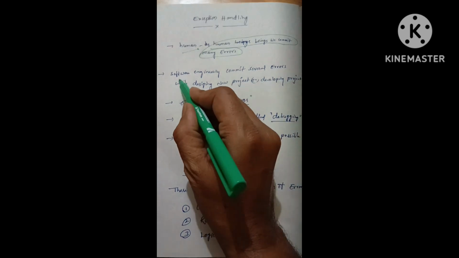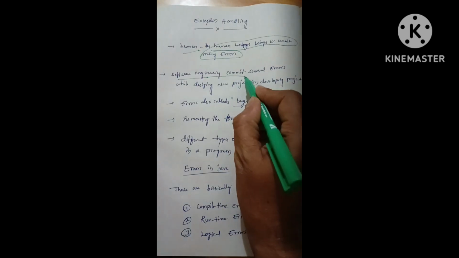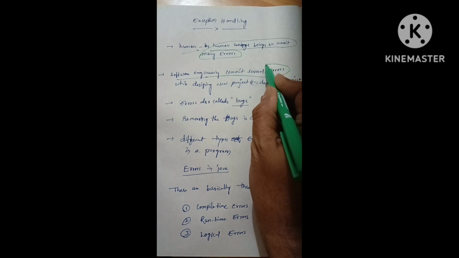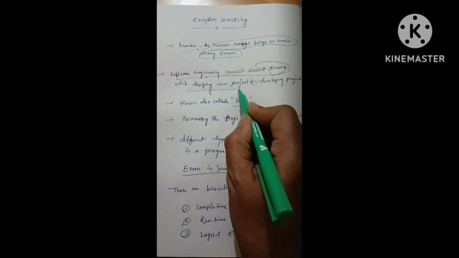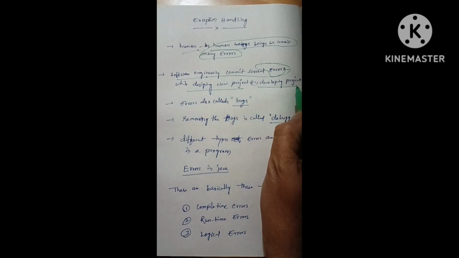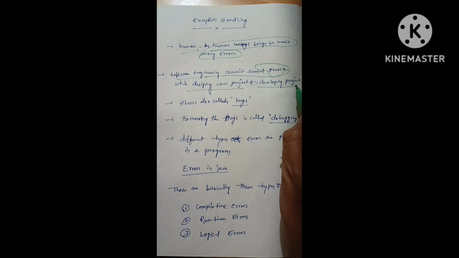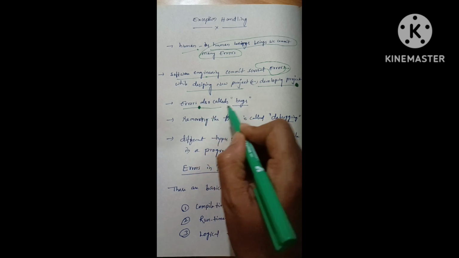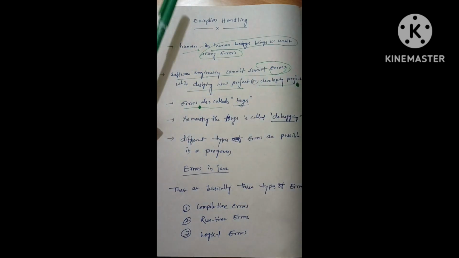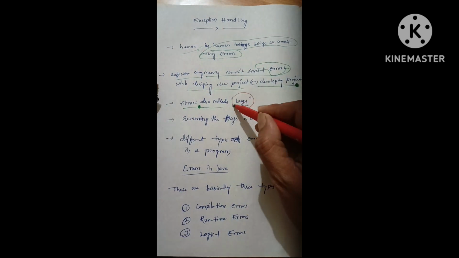Now, in software engineering, engineers also commit several errors while doing new projects and developing them. These errors are called bugs.